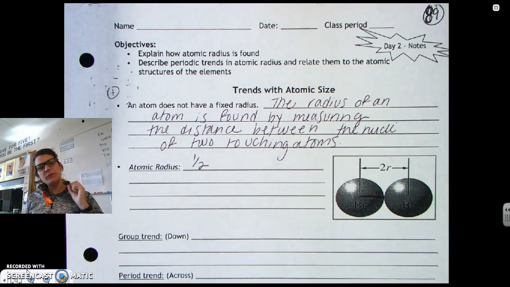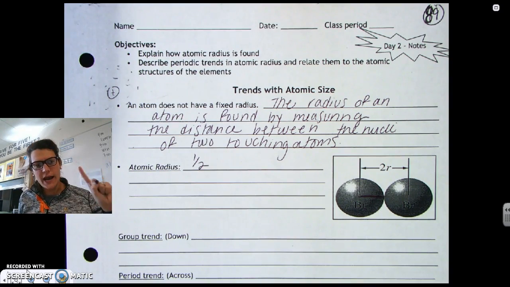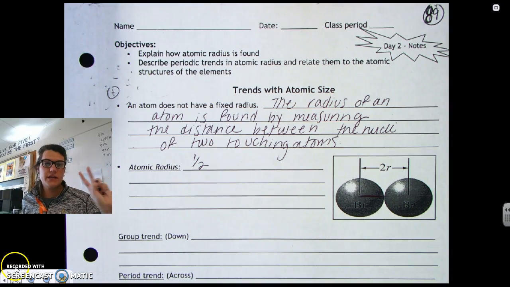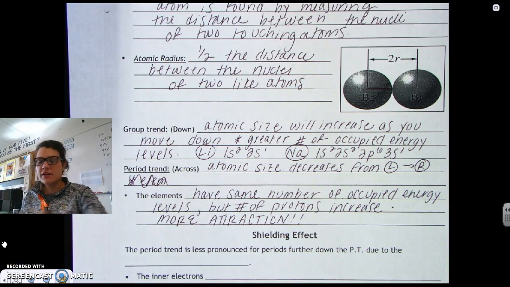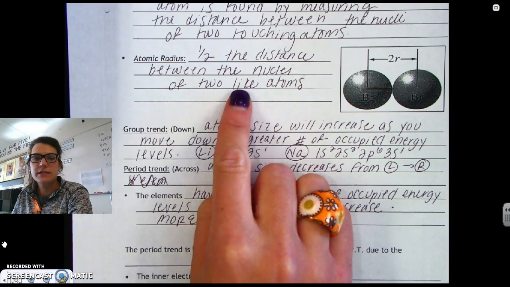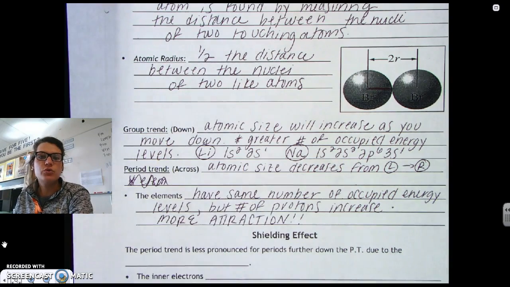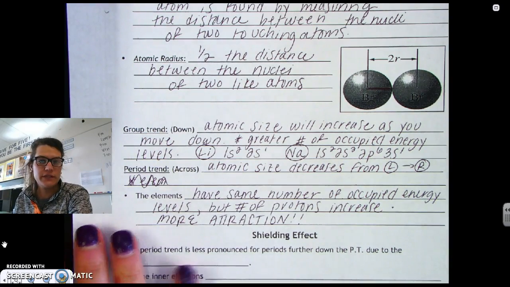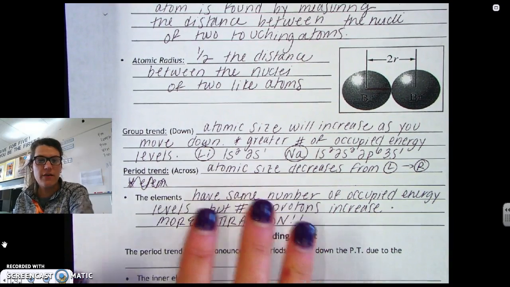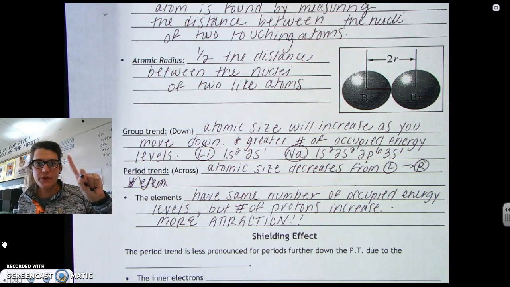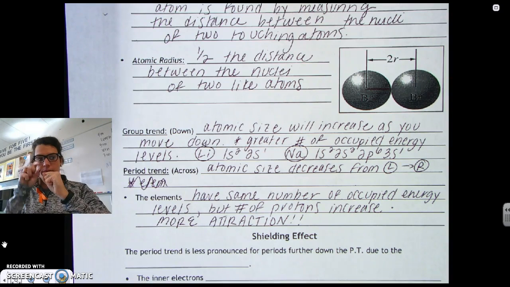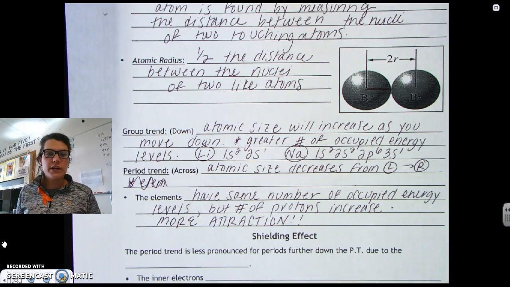I can't find the radius from one atom. I need to find the radius of two atoms that are touching. So here's our definition. Half the distance between the nuclei of two like atoms is going to be the atomic radius for one atom, okay? So if I have the distance between two like atoms together, between their radius, I can divide that by 2 to figure out the radius of one atom, okay?